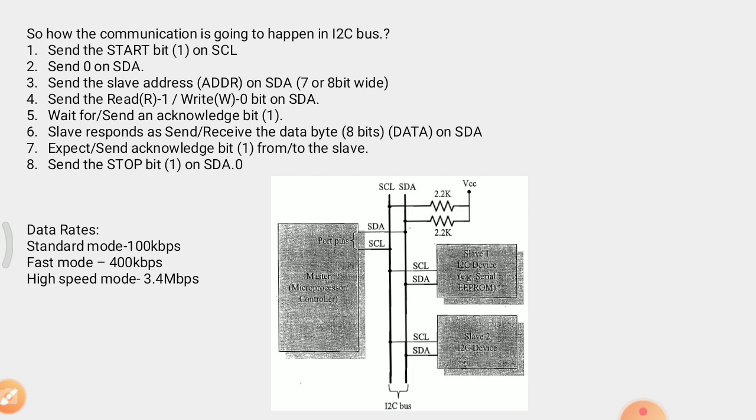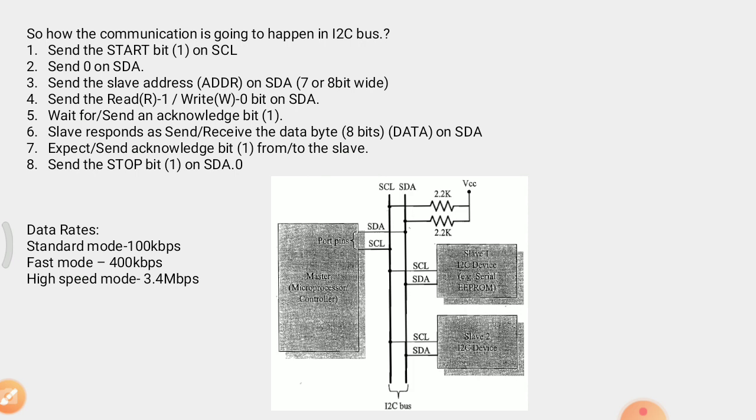So the slave responds as send or receive, that is whether read or write. For that signal, it responds as send or receive the data byte, that is 8 bits of data on the SDA. After this, it expects or sends an acknowledge bit 1 from or to the slave. After transmission of the data and after acknowledging it, the master sends the stop bit, a bit 1 on SDA.